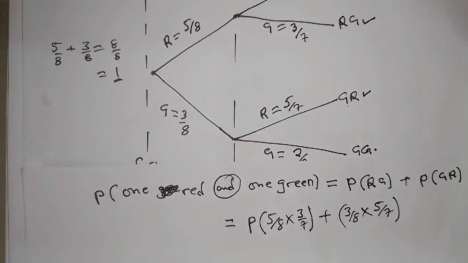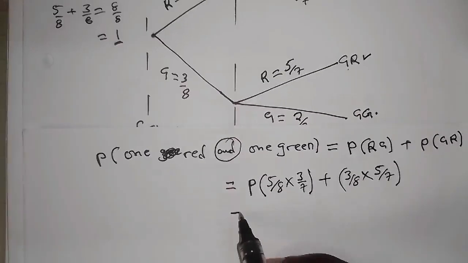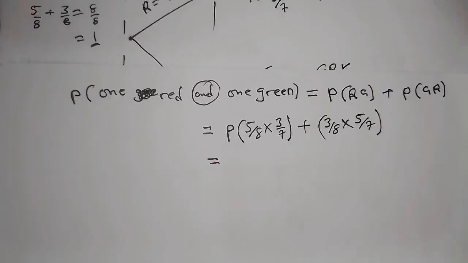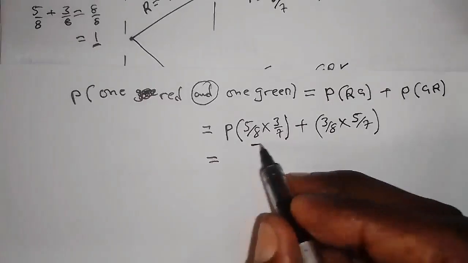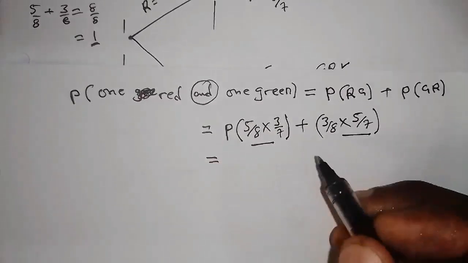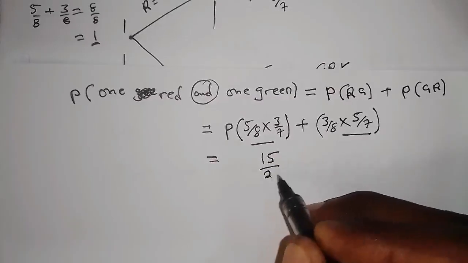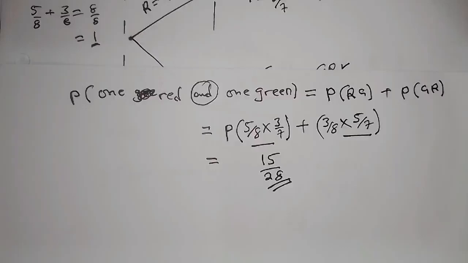In this case, you can just use the calculator and follow the simplification. So the final answer, after you work out this one and then add, is going to give you 15 out of 28. So that's how you can go about this answer.